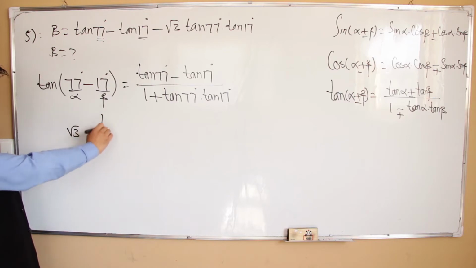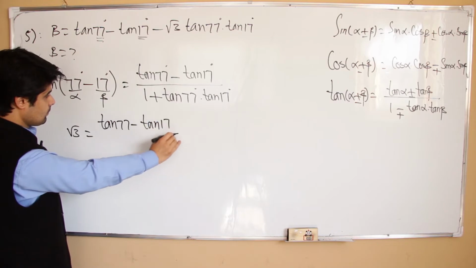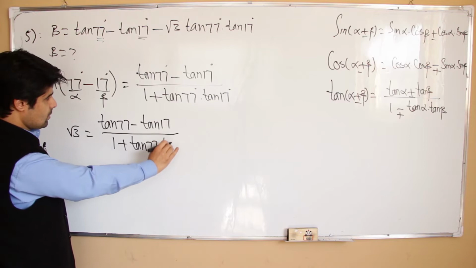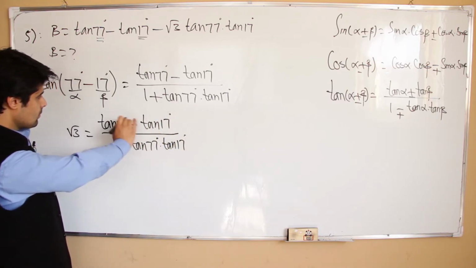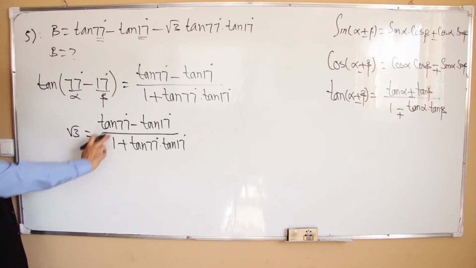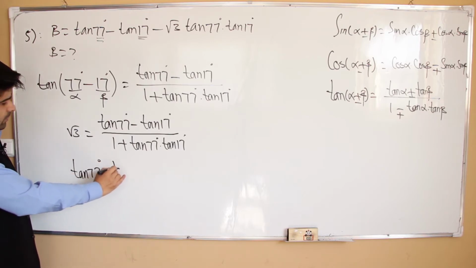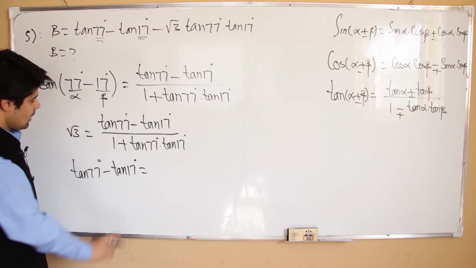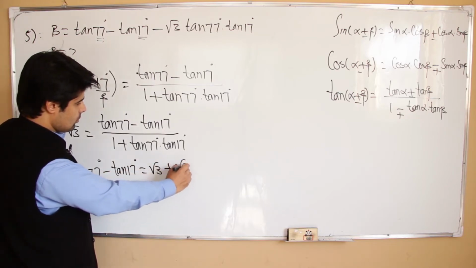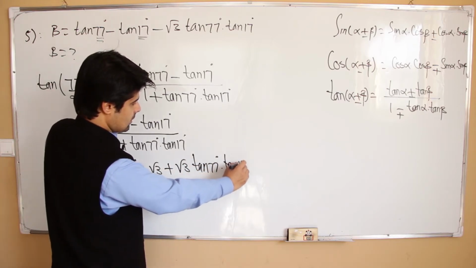Now we have in the right side tangent 77 minus tangent 17, over 1 plus tangent 77 times tangent 17. Now, what do you have in the denominator? 1 multiplied by this one, it is tangent 77 minus tangent 17. And root 3 multiplied by this one, it is root 3 plus root 3 tangent 77 degree times tangent 17 degree.